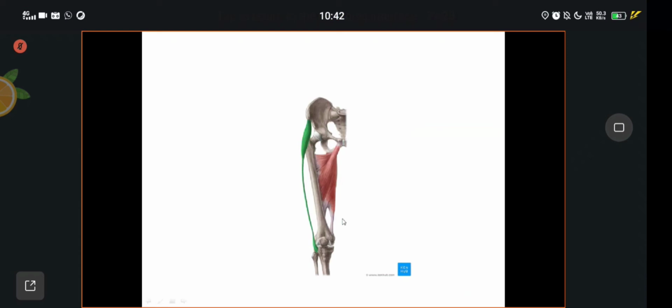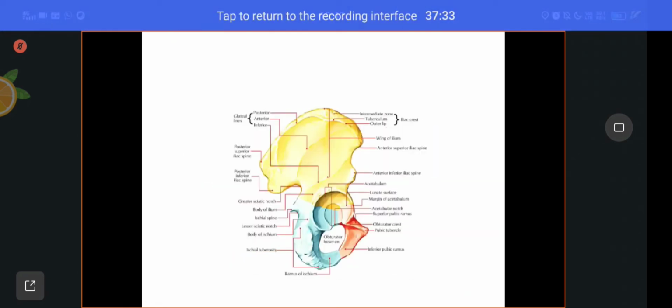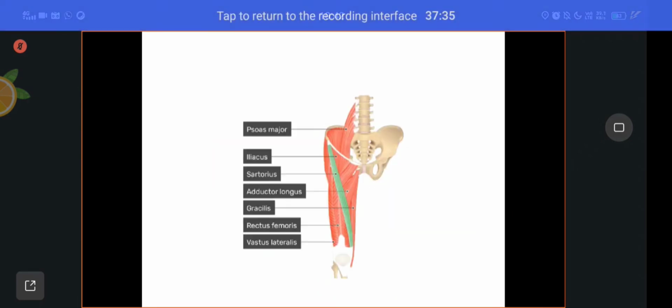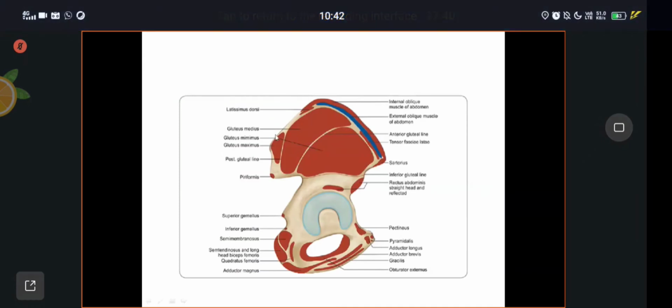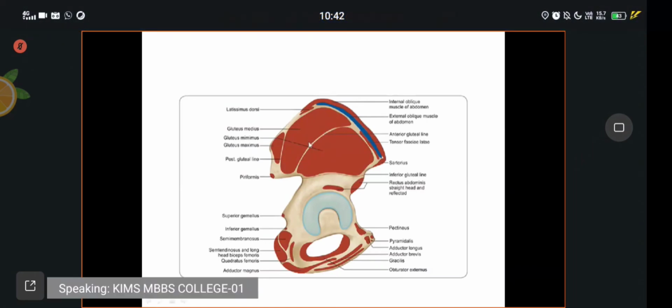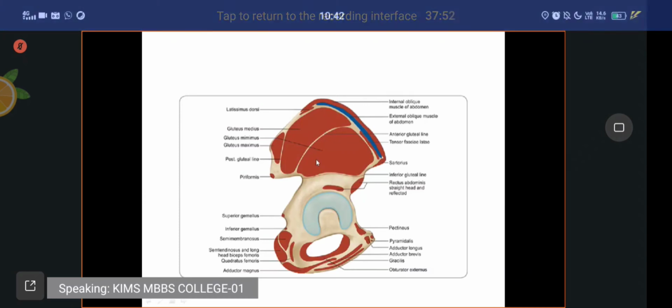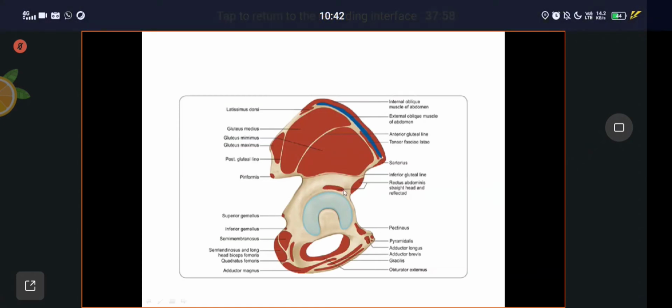So what have you studied till now? You have studied the muscles. The gluteus maximus is behind the posterior gluteal line. Between the posterior gluteal line and the anterior gluteal line is the gluteus medius muscle. Between the anterior gluteal line and the inferior gluteal line is the gluteus minimus muscle. And this is the reflected head of rectus femoris.